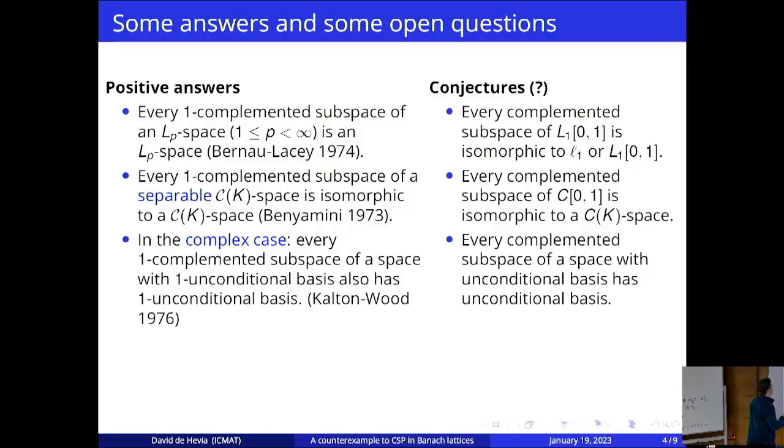You can construct examples in finite dimension in the real case. An important conjecture is that every complementary subspace of a space with unconditional basis has an unconditional basis.